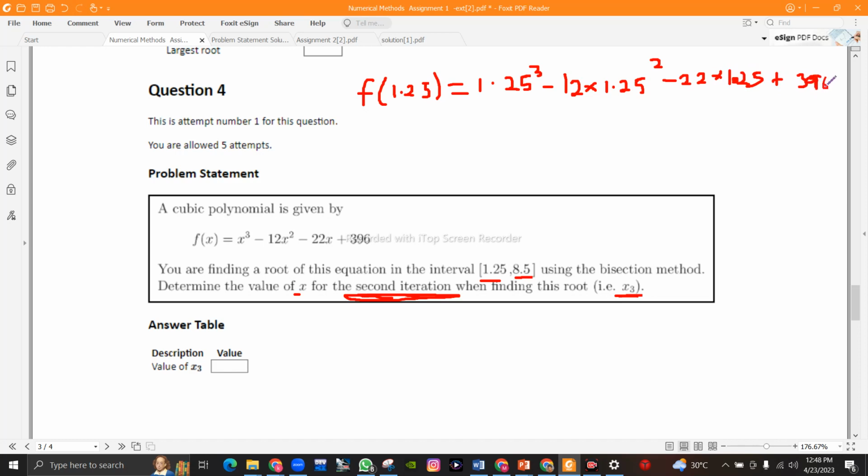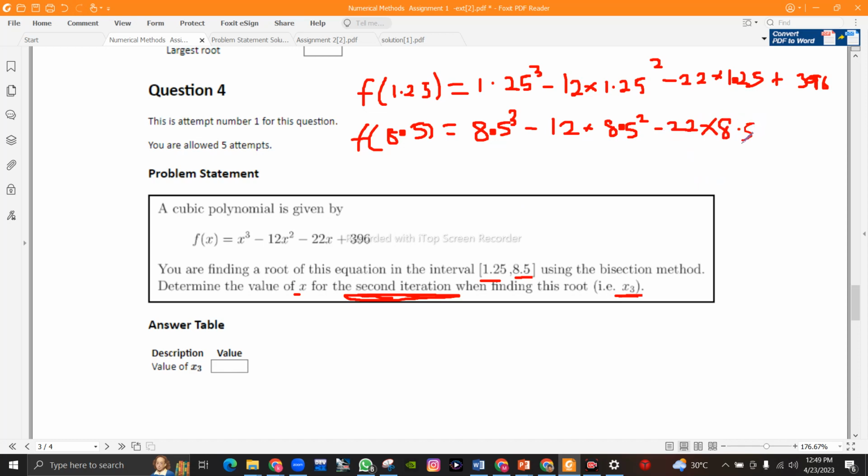When you're using bisection, first find the function at the interval ends that you are given. So the second one, 8.5: the function of 8.5 equals 8.5 raised to power 3 minus 12 times 8.5 squared, then minus 22 times 8.5, plus 396.